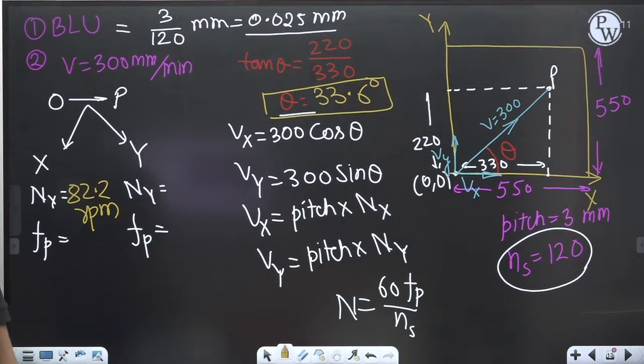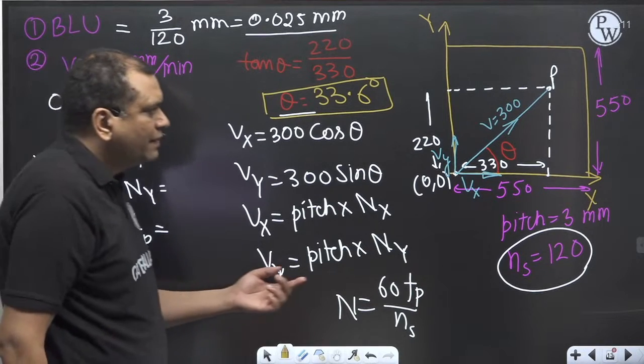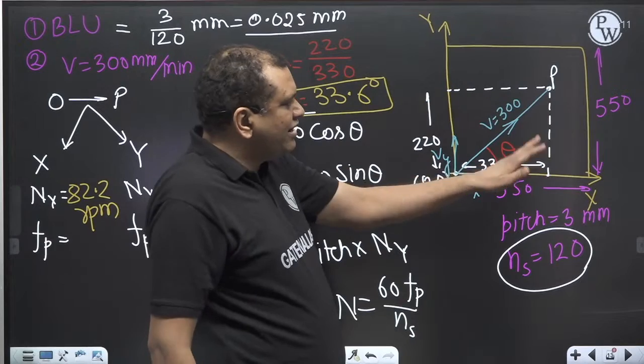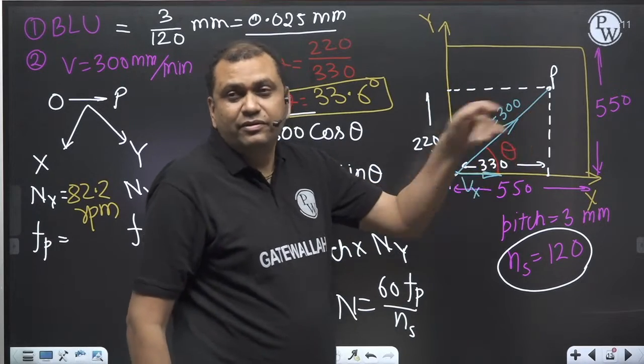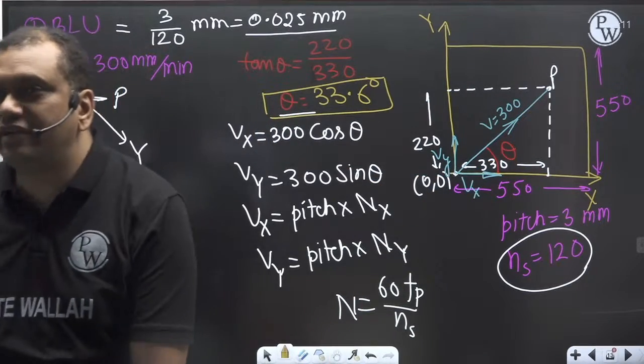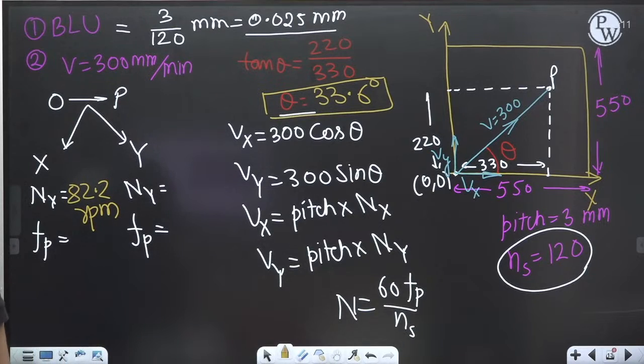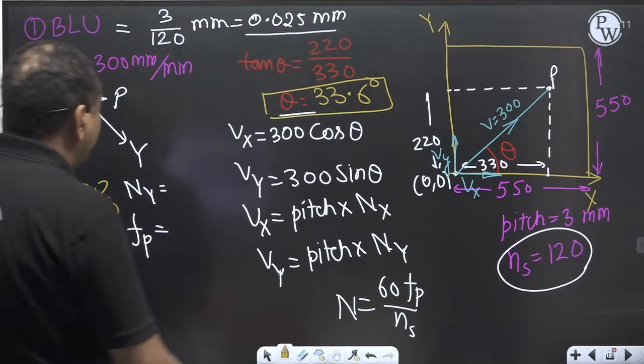Why 396.6? No, it's the 300 only, because 300 millimeters per minute is the data given. So that component along x and y direction we have to know. Nx and ny is 55.47.